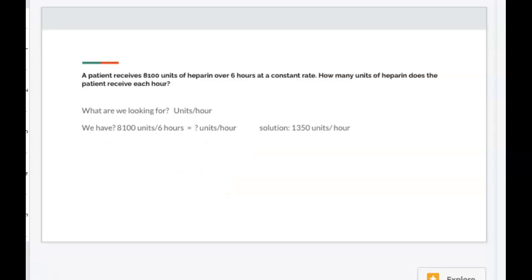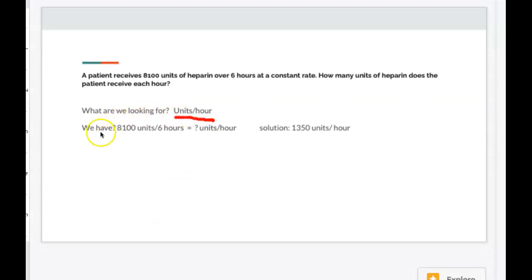One more problem that I wanted to do, and then we're done. So a patient receives, no, I have 2 more problems. Sorry about that. A patient receives 8,100 units of heparin over 6 hours at a constant rate. How many units of heparin does a patient receive each hour? So what are we looking for? We are looking for units per hour.